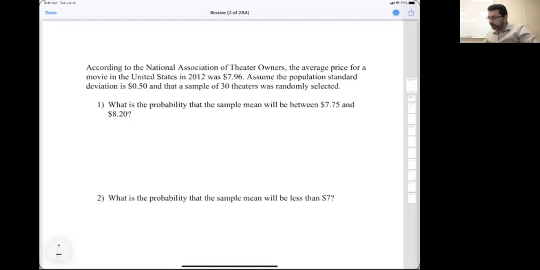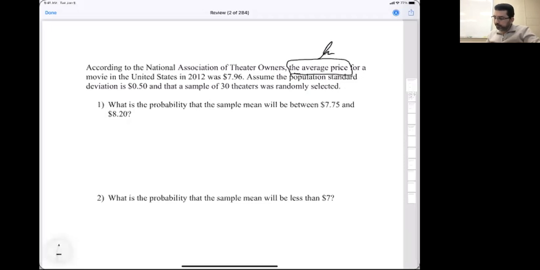According to the National Association of Theater Owners, the average price for a movie in the United States in 2012 was $7.96. From this sentence, we are talking about the average price, the mean, mu.